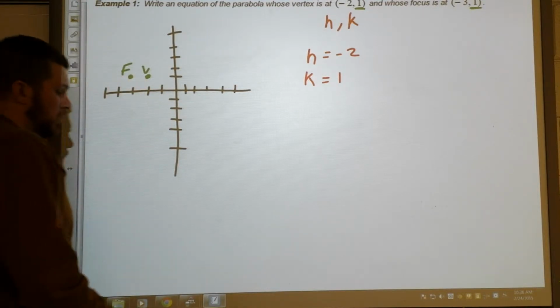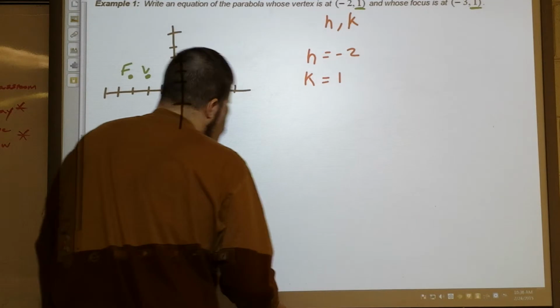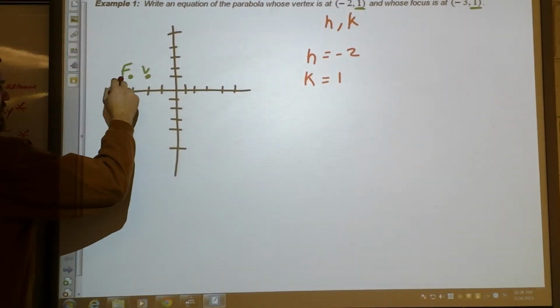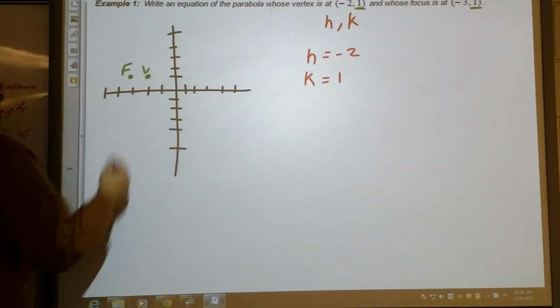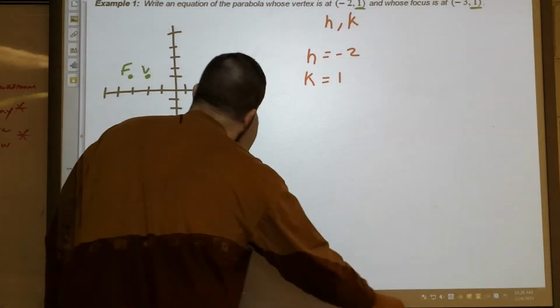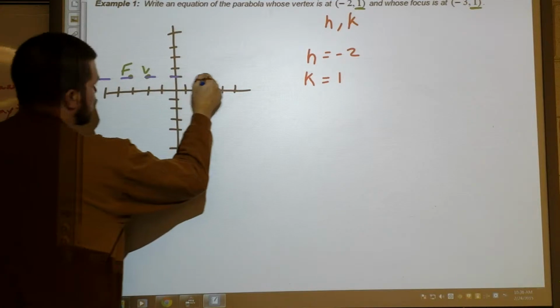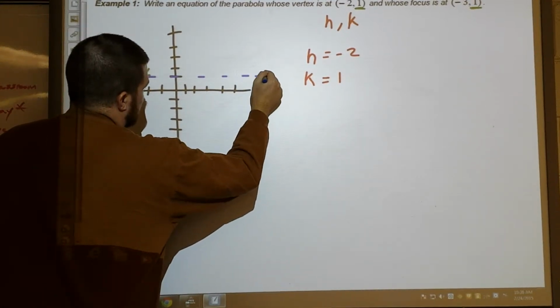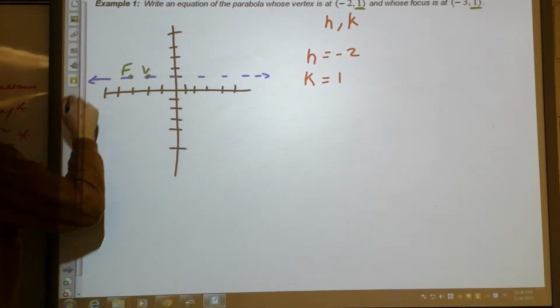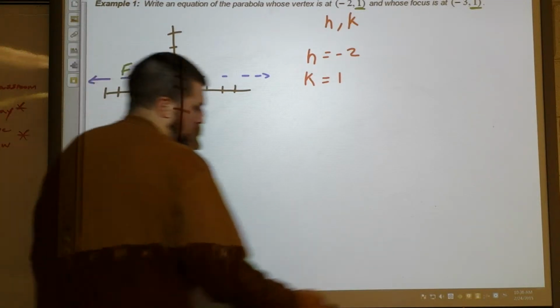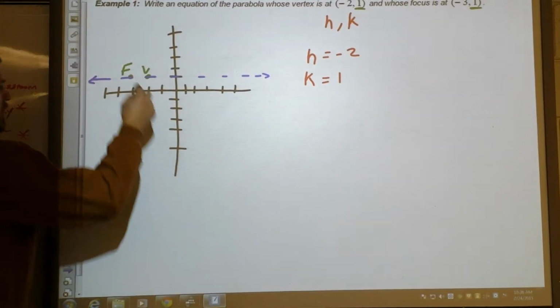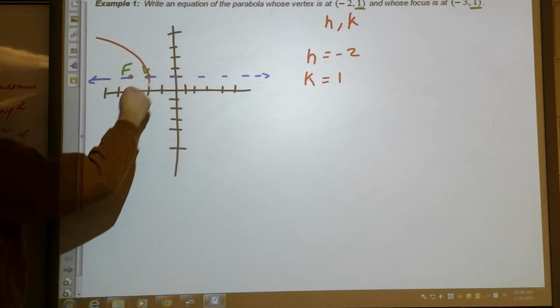Okay, so remember, the focus is always on the inside of the parabola. And these 2 points are always on the line of symmetry. So here is my line of symmetry. It's going to go through both points. And since my line of symmetry is horizontal, that means my parabola is going to open up to the left and to the right.